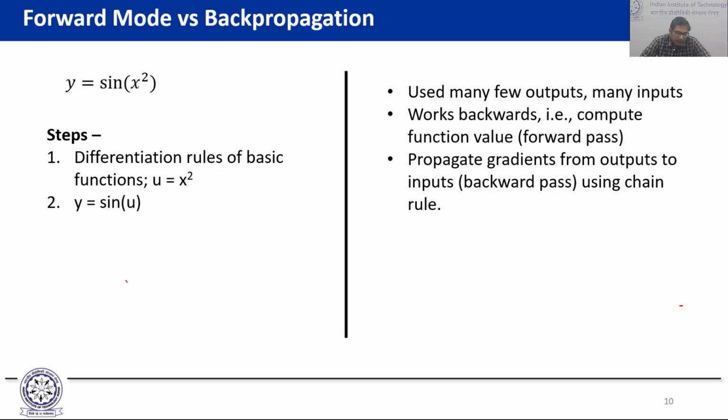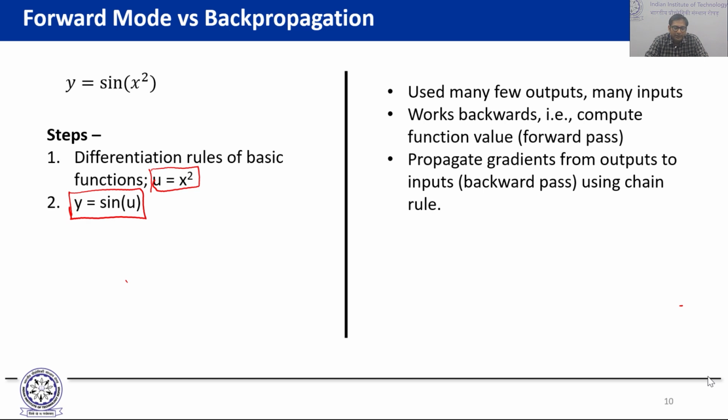As we discussed, we have to take the first step of decomposing this function into simpler units, and so that is where we will break this original function, y equal to sine of x square, into two functions. The first function is u equal to x square and then the second function is y equal to sine of u. When we are looking at it in forward mode, essentially what we do is we store the value of u as x square and we store the value of y as sine of u.